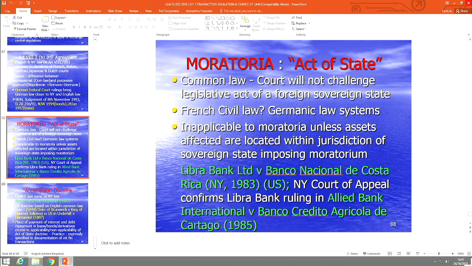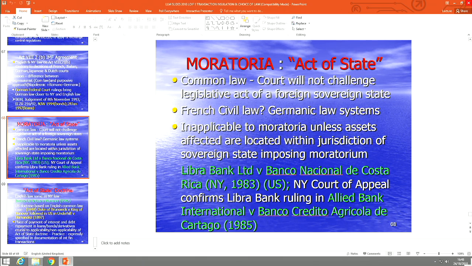Next question: where is that asset located? That depends on where the payment obligation must be performed. The Argentine payment obligations in dollars must be performed in New York. The Russian payment obligations had to be performed in London. Therefore, said the courts, the American courts were dealing with the Costa Rican moratorium, not Argentine, but the rule is very much the same.